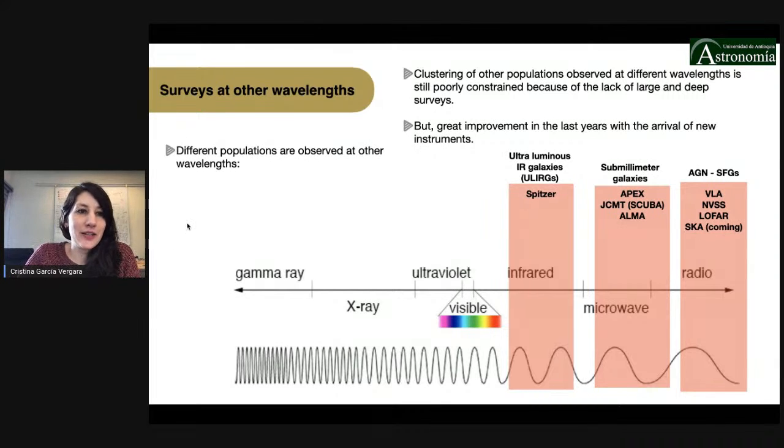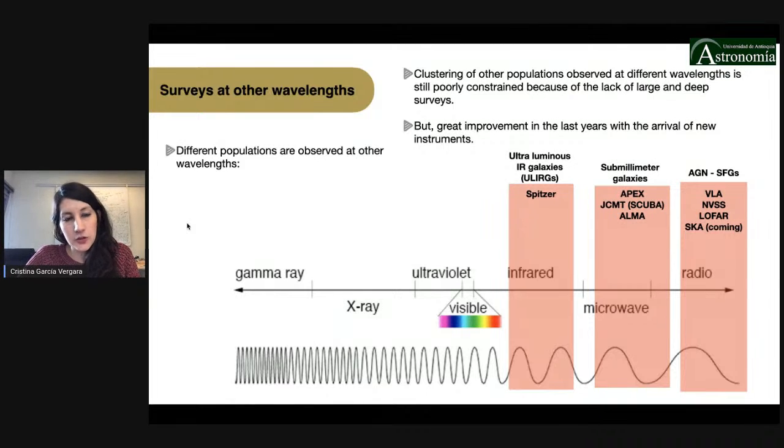I already summarized some of the most important results of clustering measurements in optical wavelengths for different kinds of populations. I showed you how clustering depends on different properties of the sources, and I also showed you the clustering of other populations that we can detect at higher redshifts.